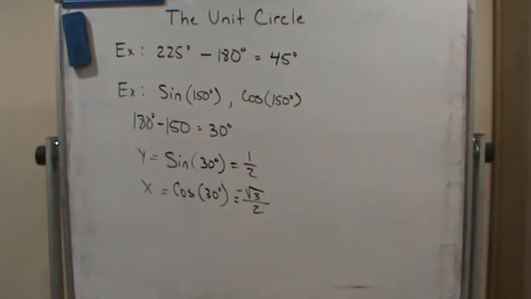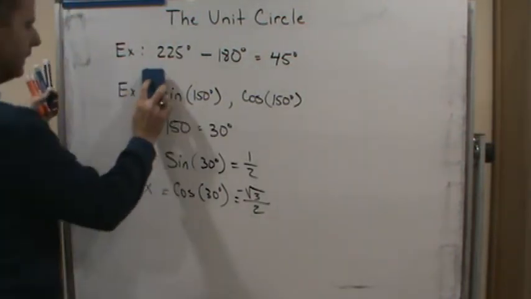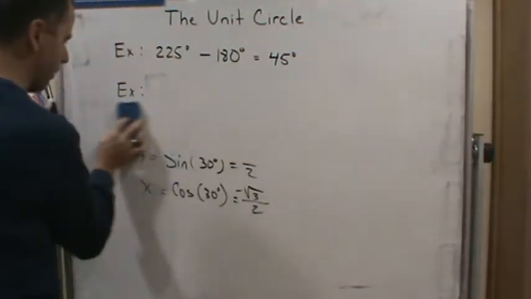Now, part B gives us another example. It says, find the reference angle for 5 pi over 4. Well, 5 pi over 4 is just dealing with radians. So let's do that one.